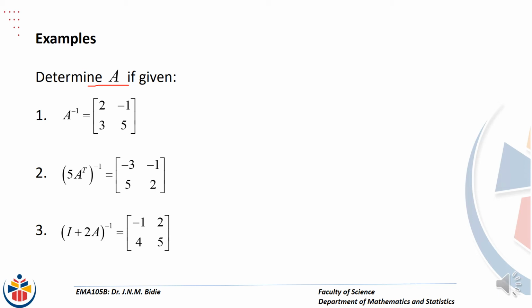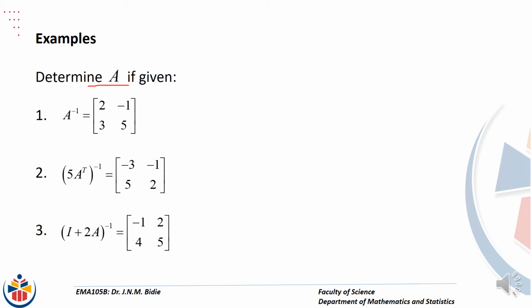So all you need to do is to find the inverse of this matrix. You remember the inverse is 1 over the determinant of the original matrix. Then you interchange A and D and change the signs of B and C.